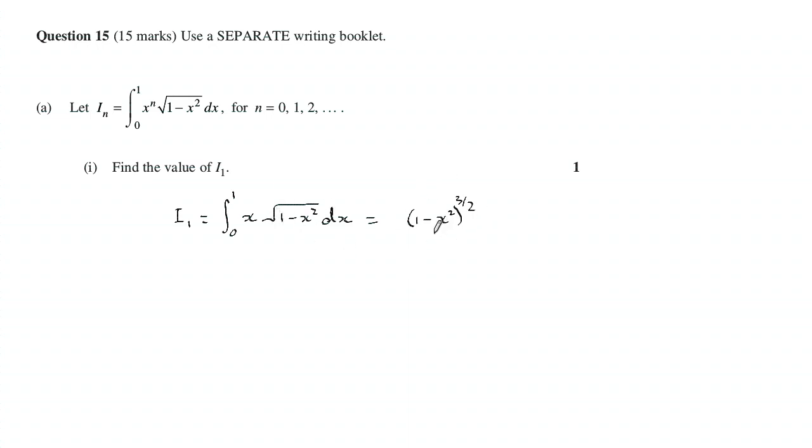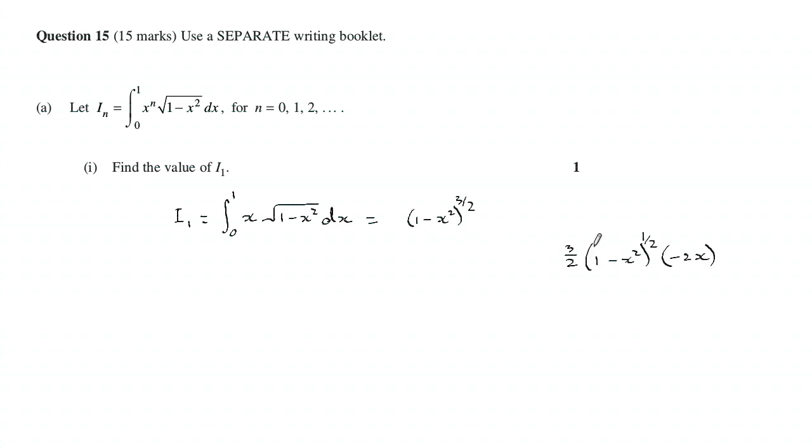But let's just think about what the derivative of this is so that we can see if there's any factors that we need out the front to compensate for things. So the derivative of this would be 3 over 2 times 1 minus x squared to that minus 1 is 1 over 2. And then there'll also be the derivative of that, which is minus 2x by the chain rule.